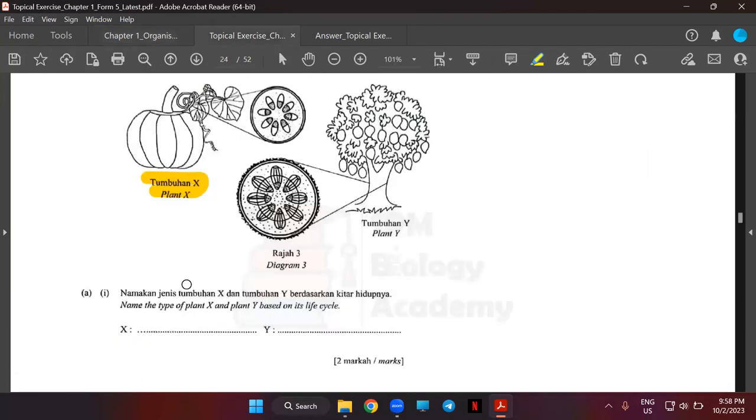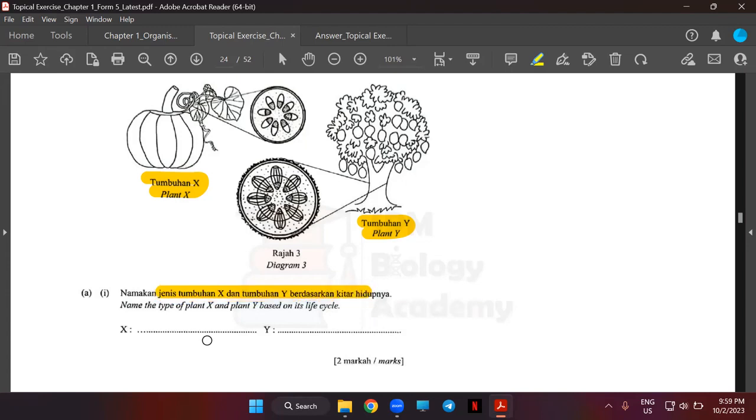So, tumbuhan X, tumbuhan semusim. Tumbuhan Y ialah pokok mangga, mango tree. So, I think you know, mango tree adalah perennial plant. Tumbuhan Y ialah tumbuhan saka, perennial. So, namakan jenis tumbuhan X dan tumbuhan Y berdasarkan kitar hidupnya.